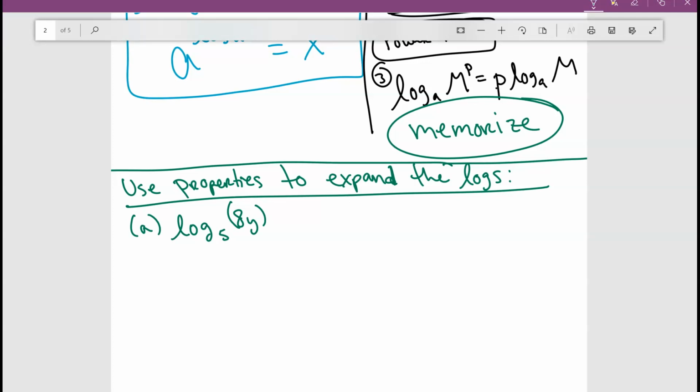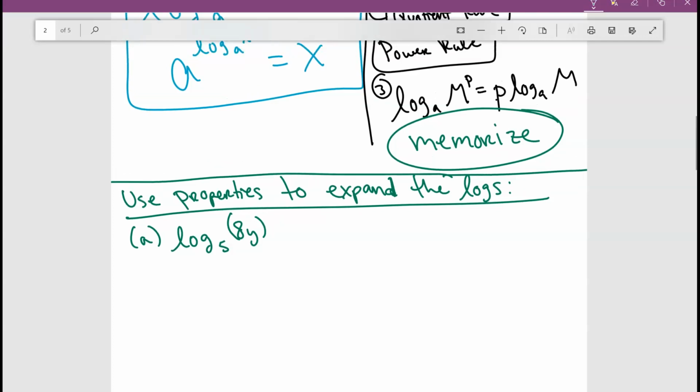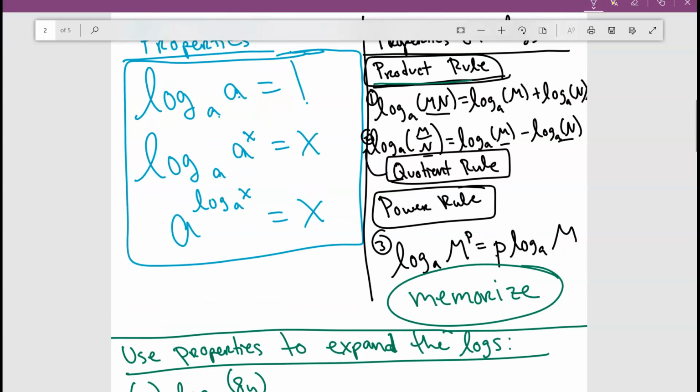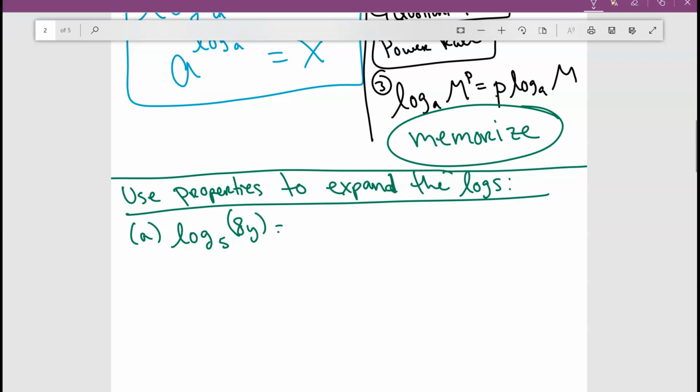The first thing to think about is what operation is being acted on this argument, the thing inside the parentheses. The operation is multiplication, so we're going to use the product rule. When two things are being multiplied together, we separate them each with a log and put an addition in between. So this is going to be log base 5 of 8 plus log base 5 of y.